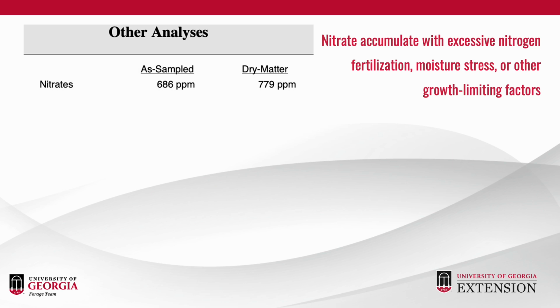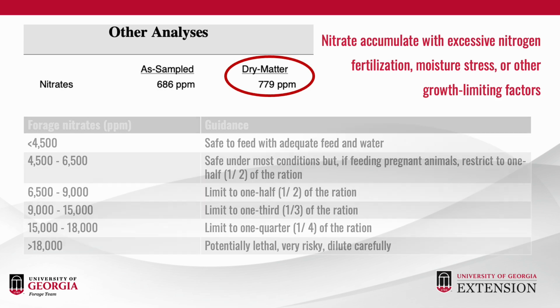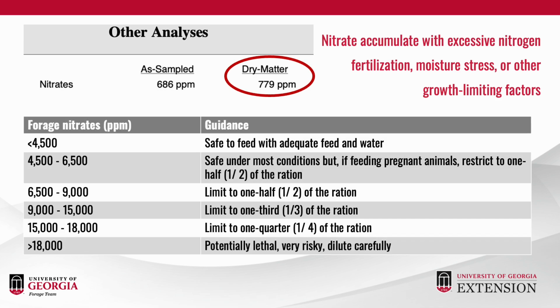Now, this number can look really big compared to the other numbers on a forage sample, but note the units there. These are in parts per million, and they directly align with our UGA nitrate toxicity bulletin where our feeding guidelines are.